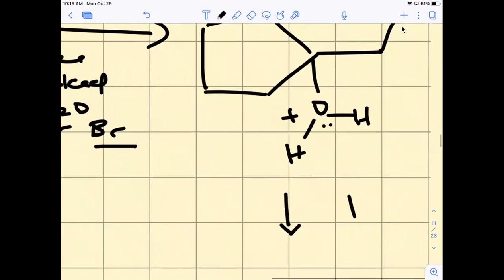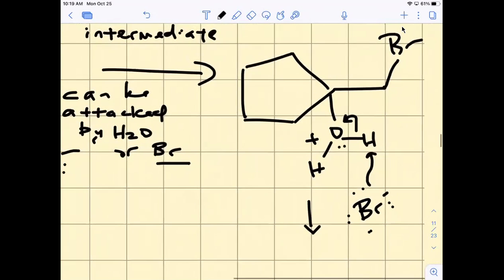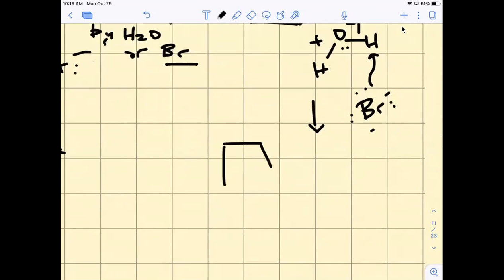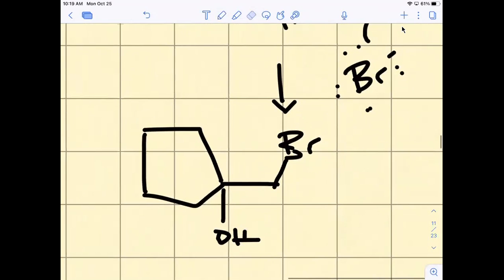Simple proton transfer. So this is coming in like that. And then those electrons are going back to oxygen. Right, so that's how I'm going to get my product. Where this is OH, and this is Br. This is plus HBr.